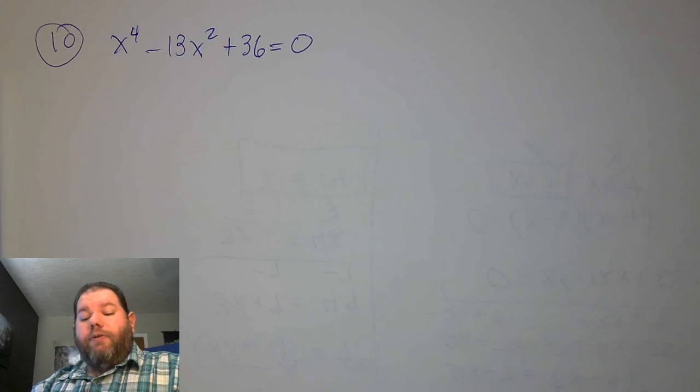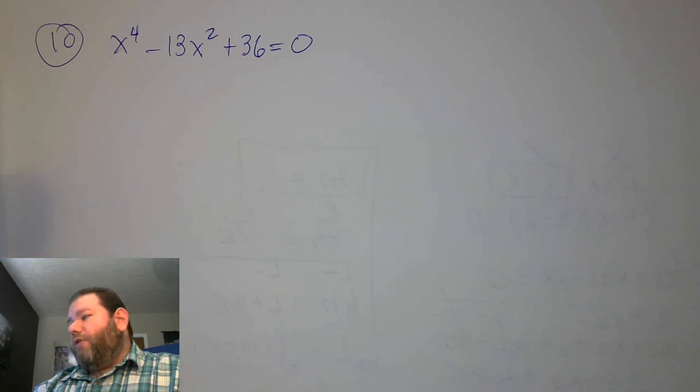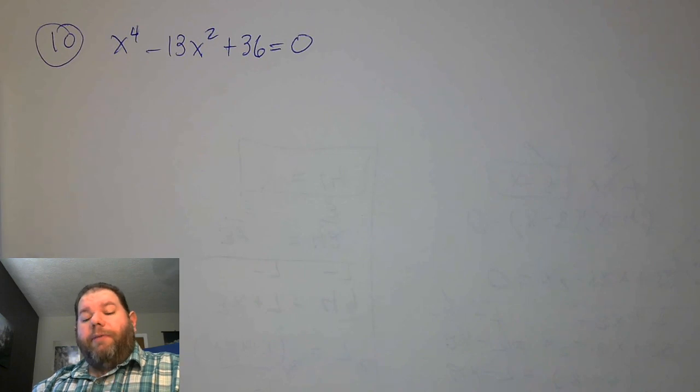We have x to the 4th minus 13x squared plus 36 is equal to 0. Now we look at how we can try to factor and solve this, because it's similar to a quadratic equation in that the same methods for solving can apply. And so this one's actually factorable.